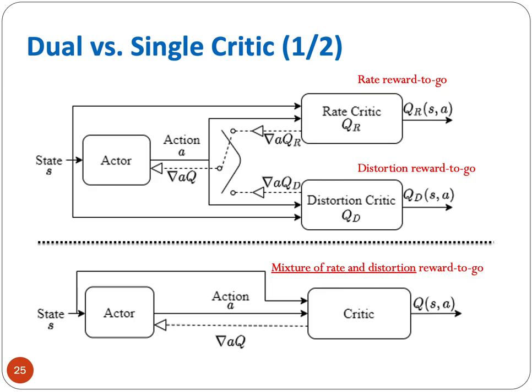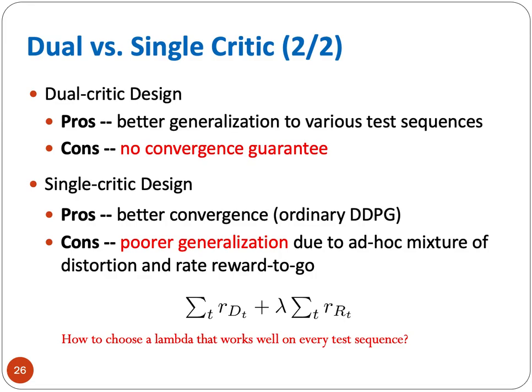This slide compares the single critic with dual critic. Different from our dual critics, single critic will mix the rate reward and the distortion reward into a single reward function. For single reward approach, it is common to introduce a hyperparameter lambda to balance the rate and the distortion.